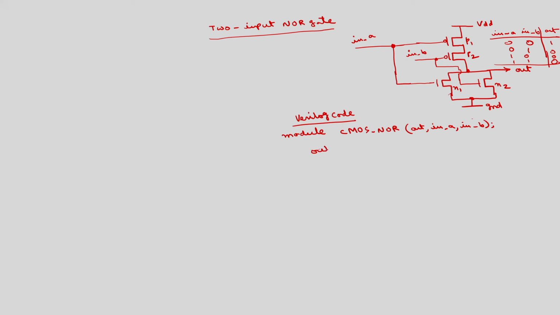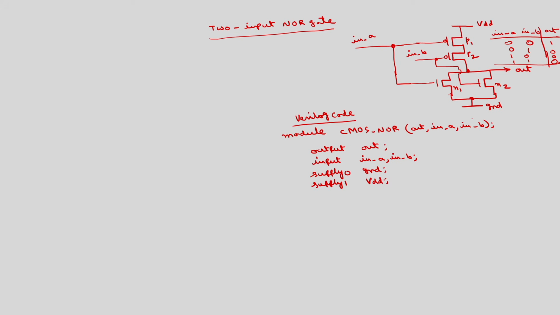Output, out, input in A comma in B, then we require supply 0, GND, supply 1, VDD.